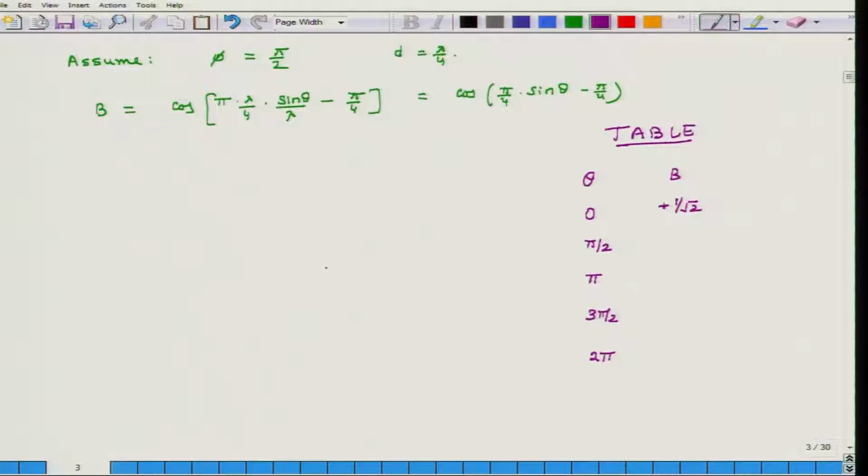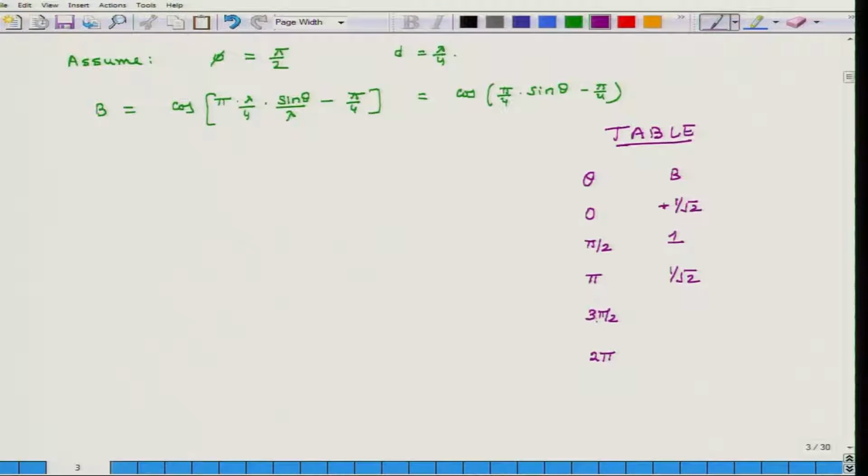When theta equals pi over 2, then sin theta is 1, pi over 4 minus pi over 4 is 0. So, cosine of 0 is 1. When theta equals pi radians, then this is again 0 and the value of B comes to be 1 over square root of 2.